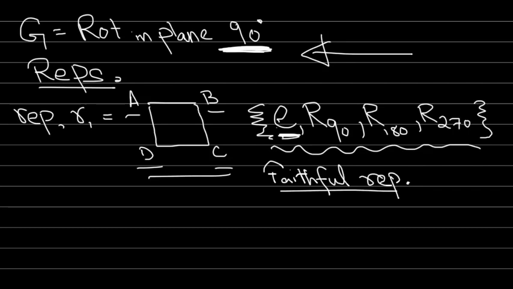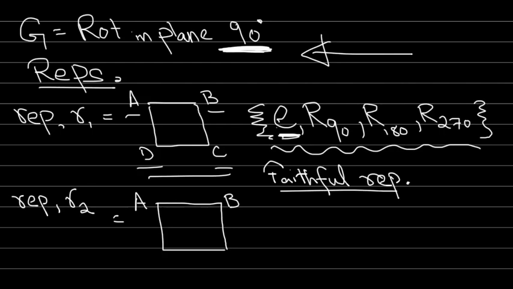So let's look at another representation, that is R2. For this, the difference is how I'm going to label the sides. So A, B, and then we will repeat these. So A, B, A, B. So only 2 of the sides are different, and we have A, B, A, B, right?